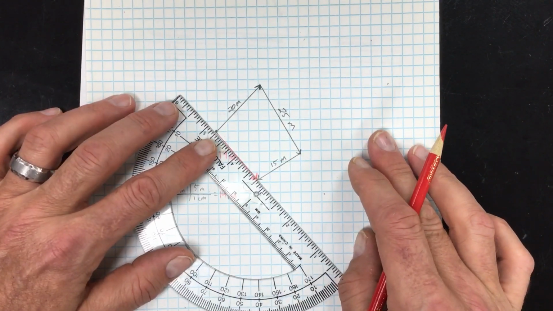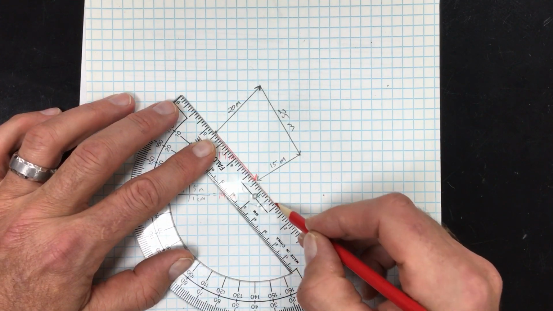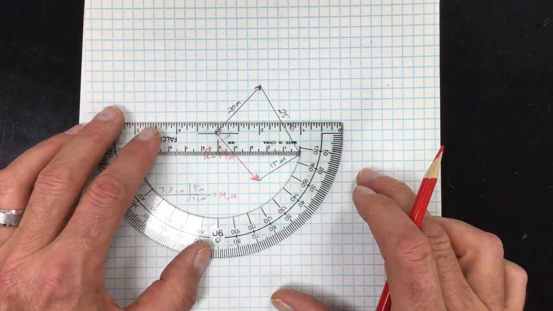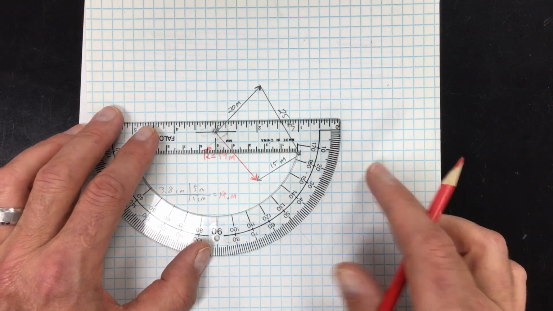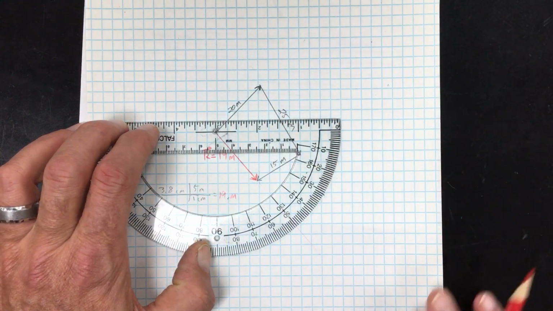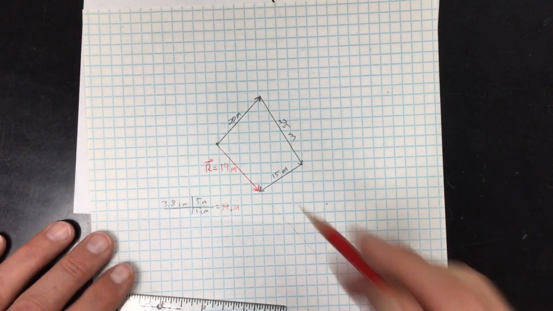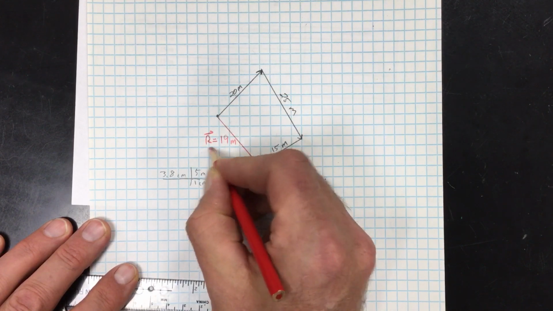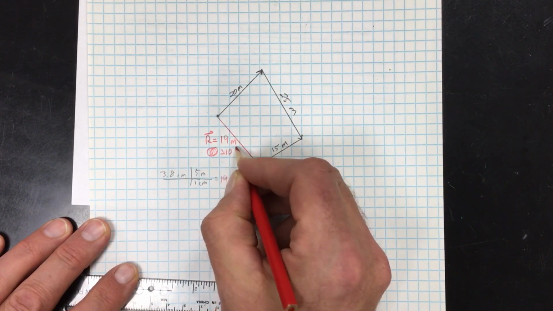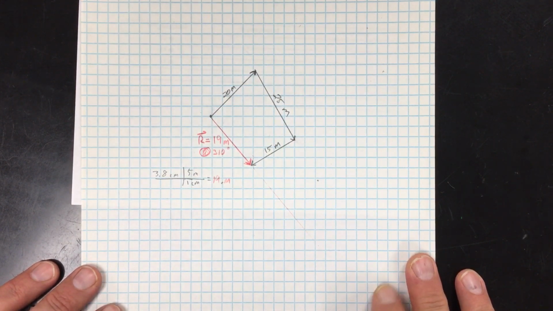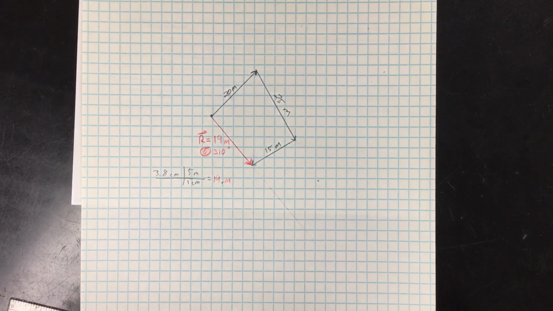Let me carry that line out a little bit farther just so I can get a good measure. And I see that it is 50 degrees less than 360. So that tells me that the angle here is 310 degrees. All right, so that's my resultant using the graphical addition or tip to tail method.